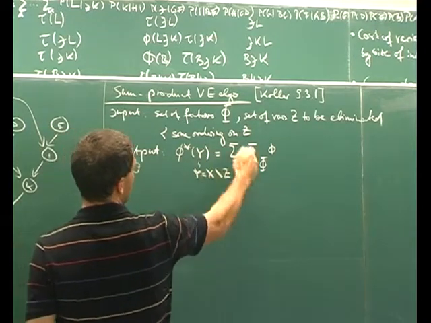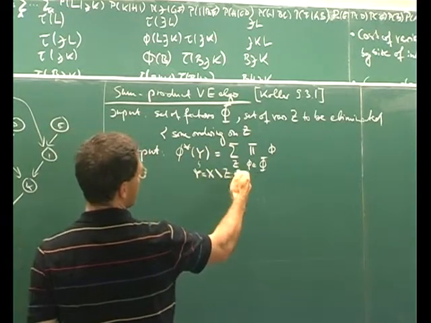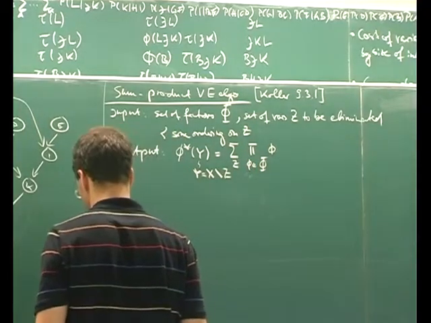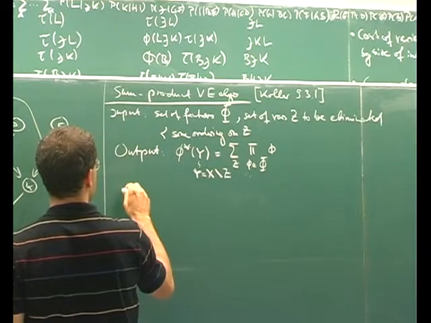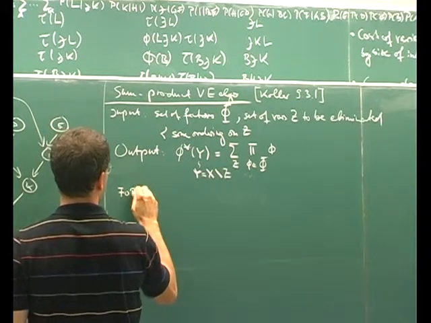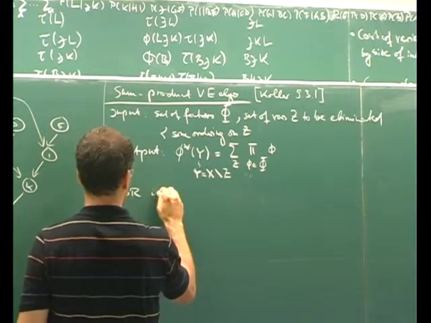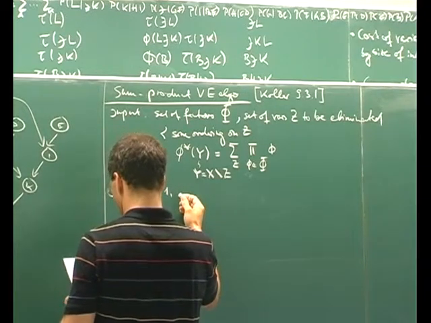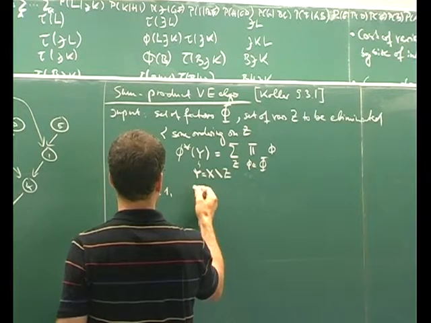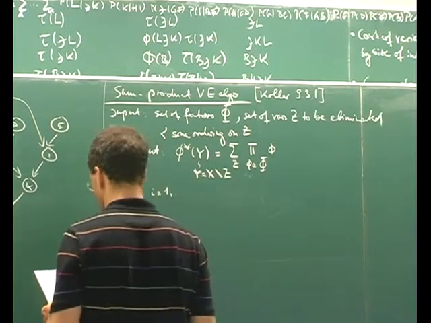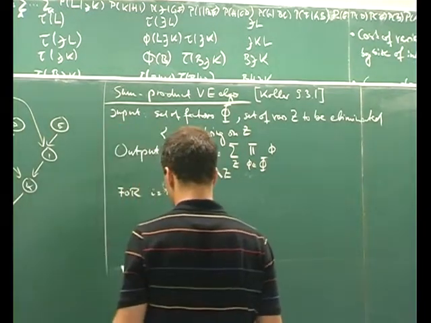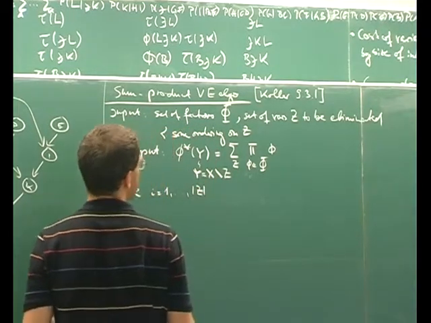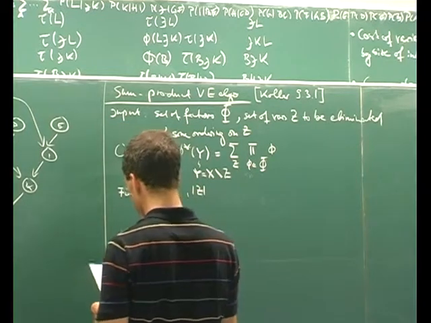And now comes the algorithm that shows how to find that in a smart way. So we have a variable i that goes from 1 through k, where k is the number of variables that we want to eliminate. And we do the following.